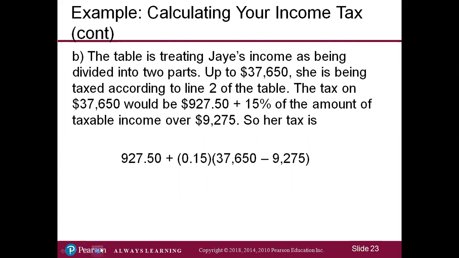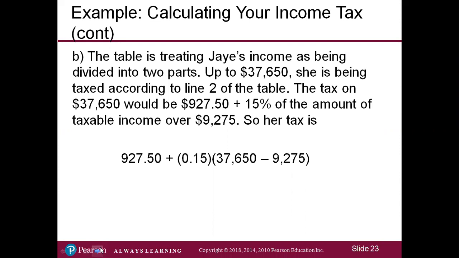For part B, the table is treating Jay's income as being divided into two parts. Up to $37,650, she is being taxed according to line 2 of the table. The tax on $37,650 would be $927.50 plus 15% of the amount of taxable income over $9,275.